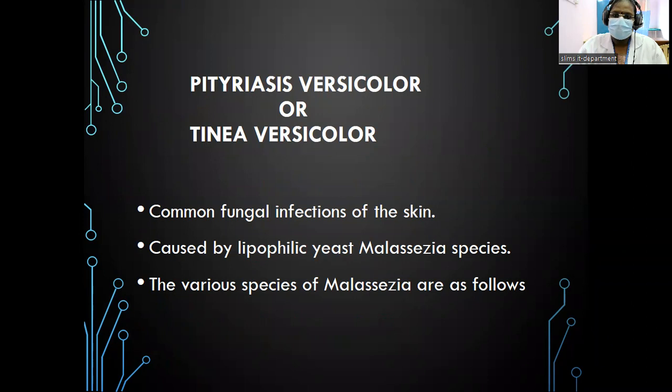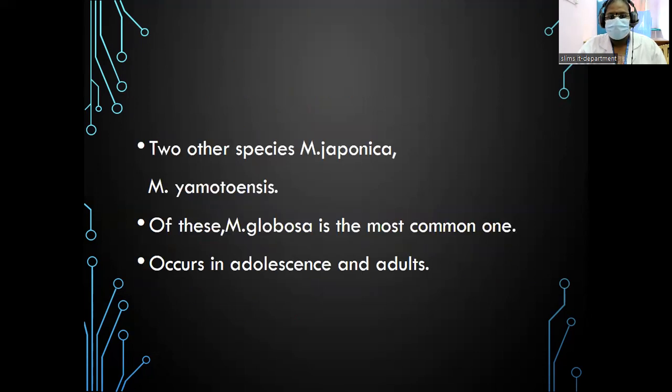Many species are under Malassezia: globosa, furfur, restricta, nana, sympodialis, slooffiae, pachydermatis, dermatis, japonica. Among these, Malassezia globosa is the commonest.